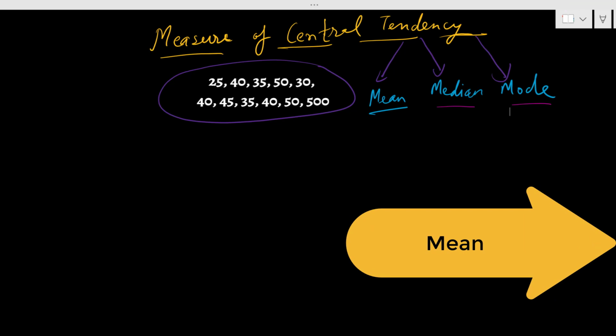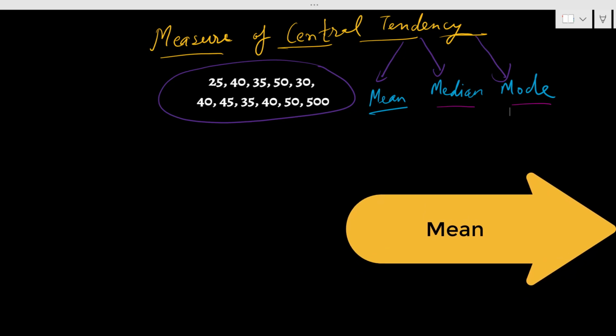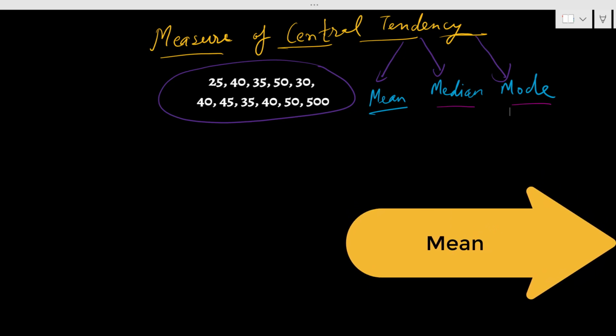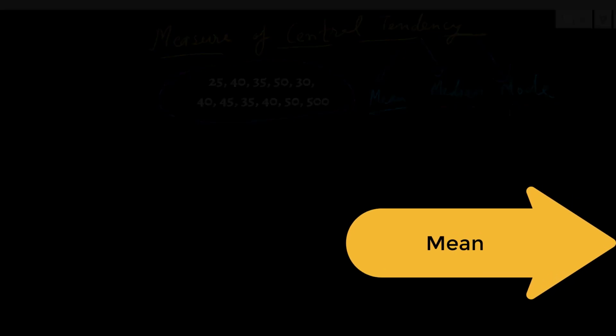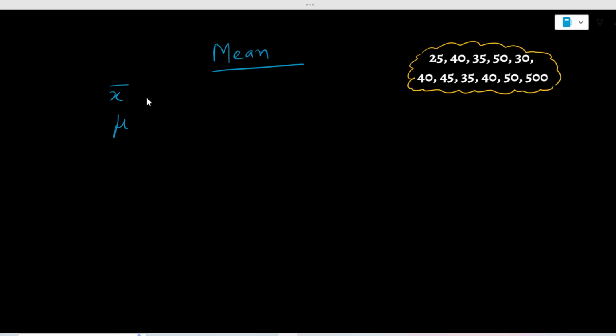Depending on the condition or different data sets, one measure becomes more appropriate than other. So let's see how we can calculate each of these and what is the context which makes them better as compared to other. So first measure of central tendency is mean, which is applicable in case of both numerical continuous and numerical discrete data.